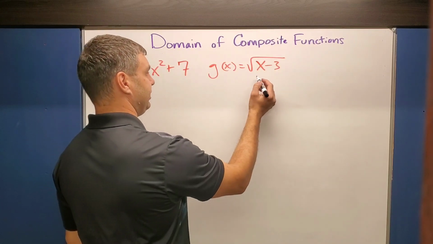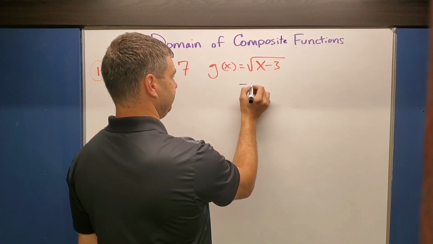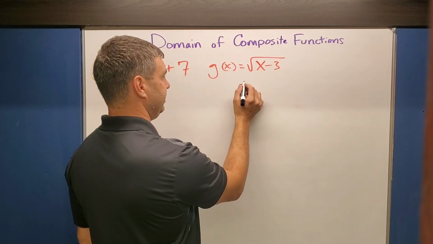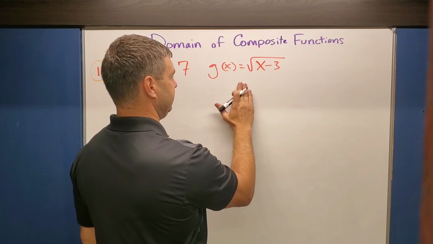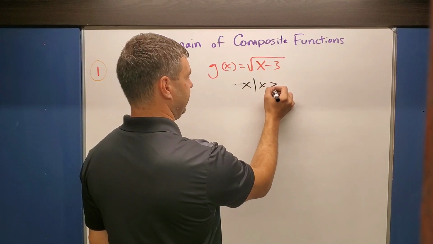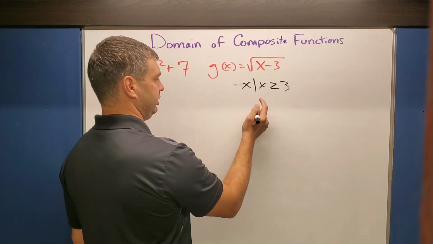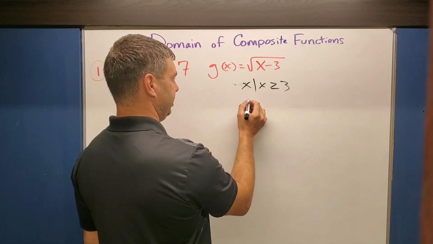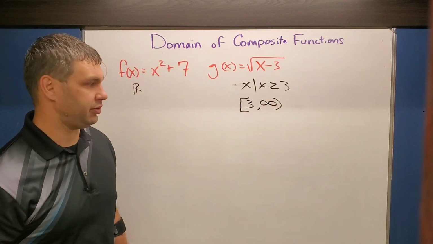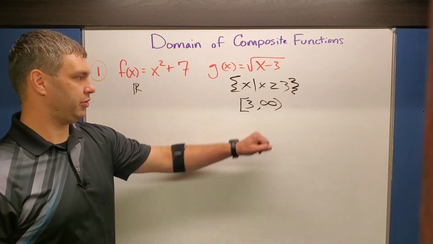So I could represent that in set notation as x such that x is greater than or equal to 3, or in interval notation it would be from 3 to infinity. I don't care if you use set notation or interval notation.